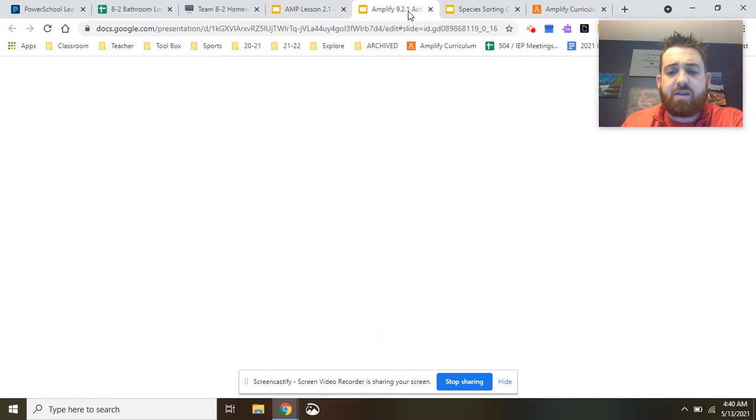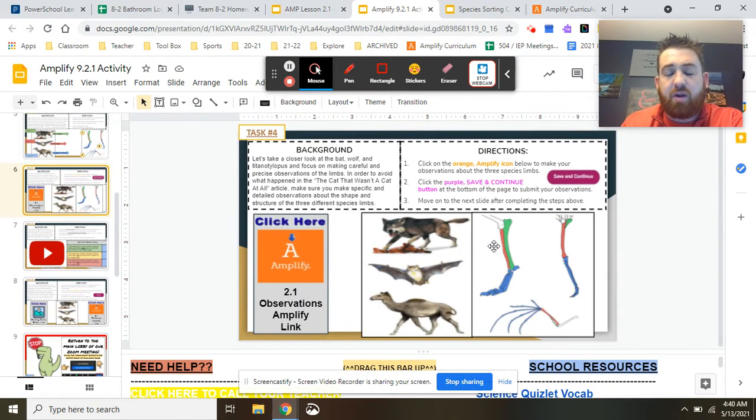So when we look at these three structures here, the first thing they said they'd look at is thickness and size. Looking at this, we would notice things like the thinness of the bat wings and all of the structures that connect to it. They would notice that the overall size, the width of the wing, is very large compared to the others.